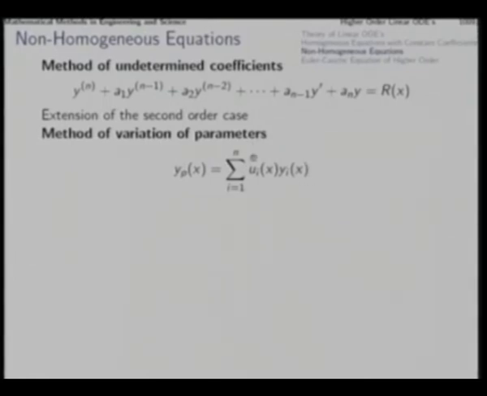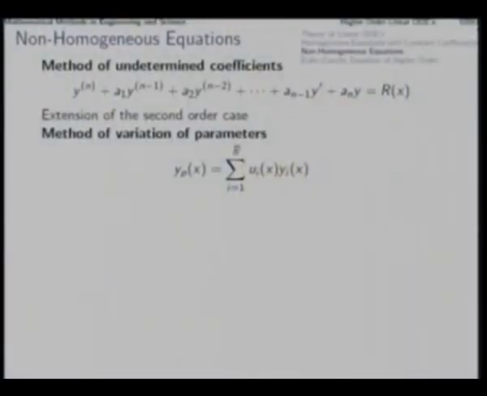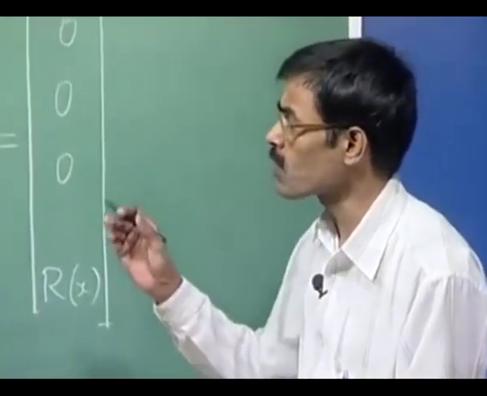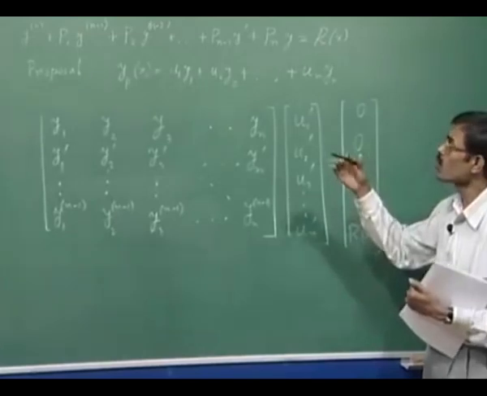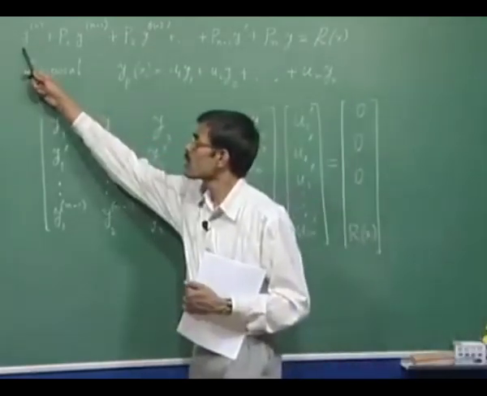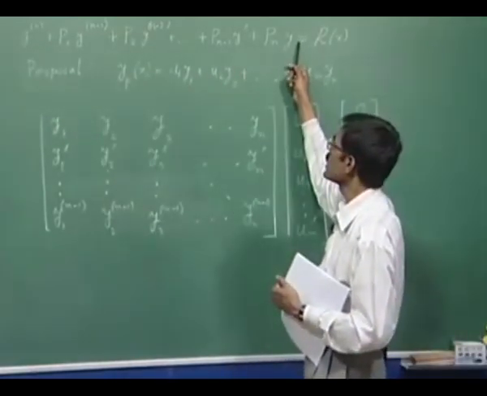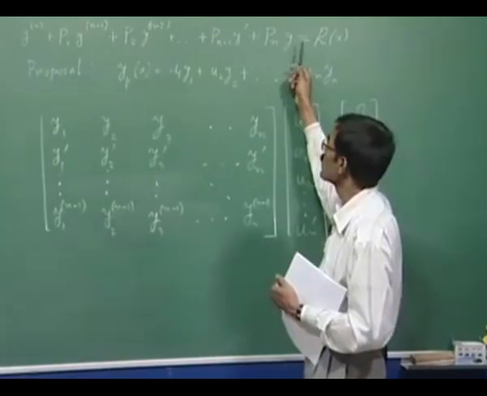So, we propose a function of this kind, which is a linear combination of all these n functions y1 to yn, which are known to be the basis members of the solution of the corresponding homogeneous equation, that is, n linearly independent solutions of this equal to 0.